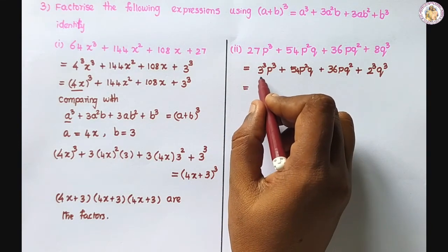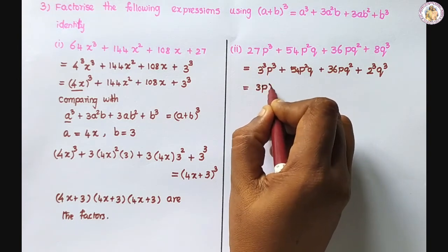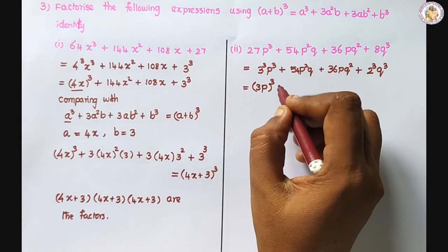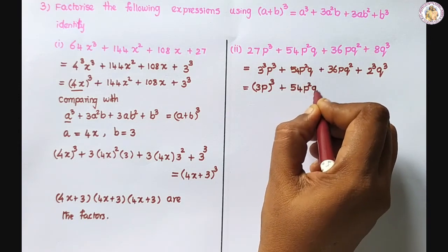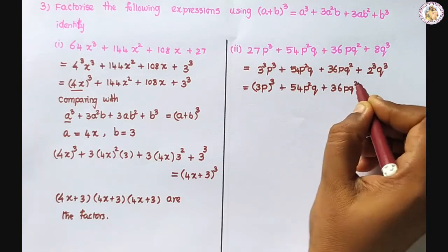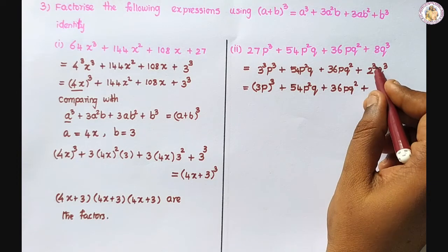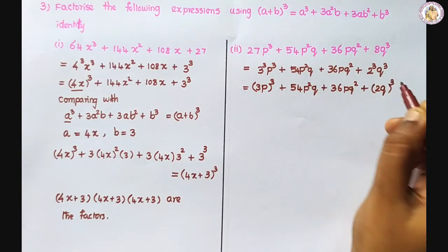Again we can write this as (3p) whole cube plus 3 into (3p) squared into 2q plus 3 into 3p into (2q) squared plus (2q) whole cube, that is 2 cube q cube.